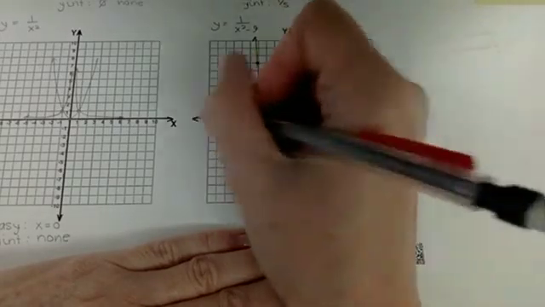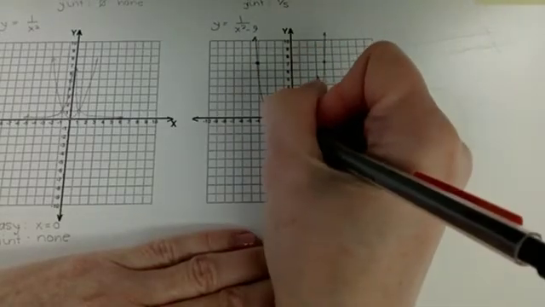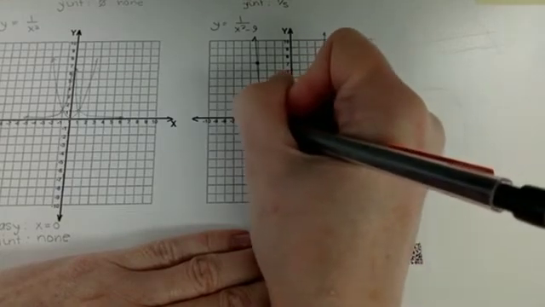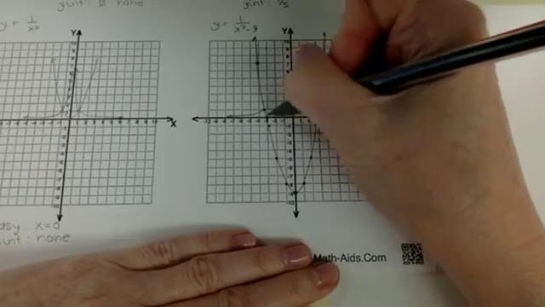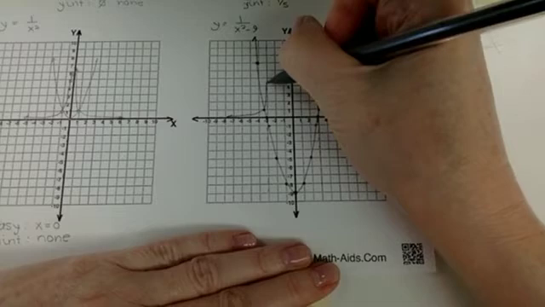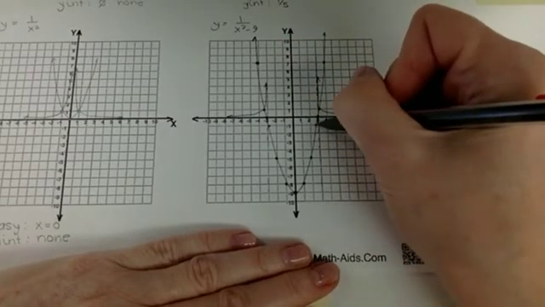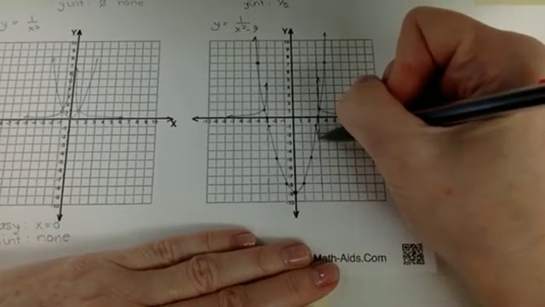So here it moves away from the x-axis, which means it'll bend towards the x-axis, and this moves towards the x-axis, so now it will bend away from the x-axis. Same thing on the bottom. This moves towards, so it will bend away.